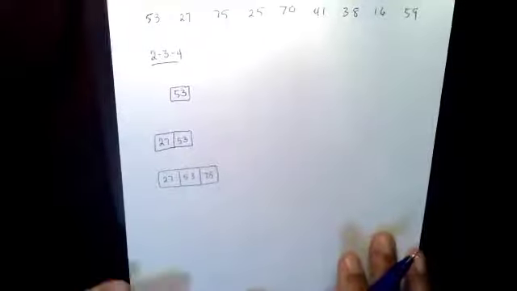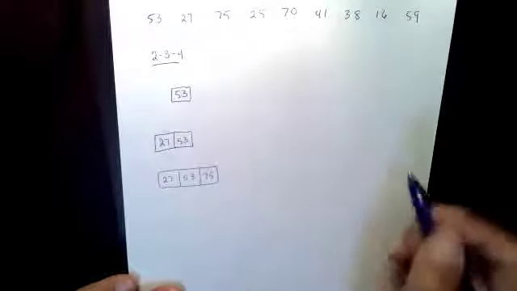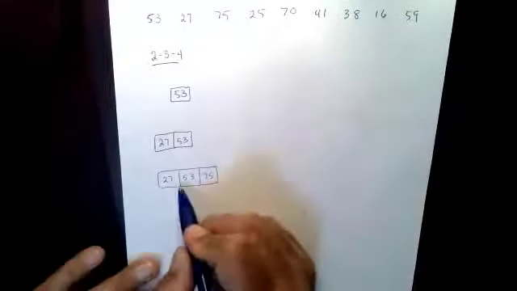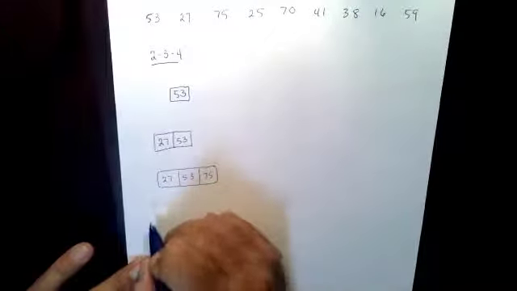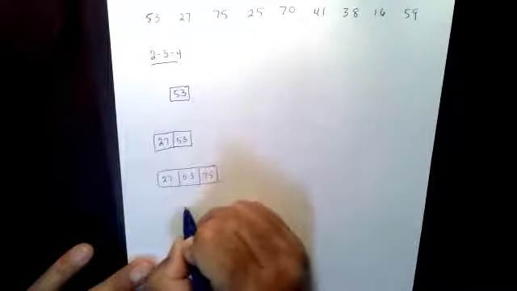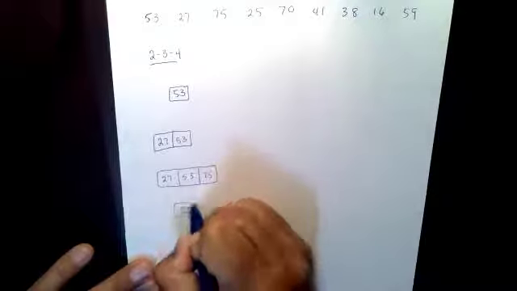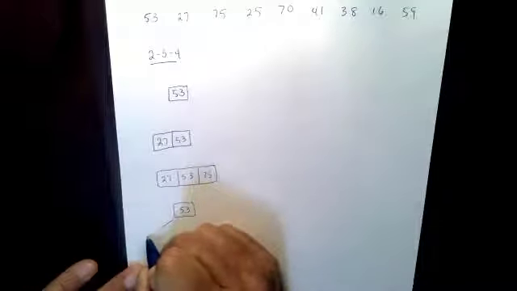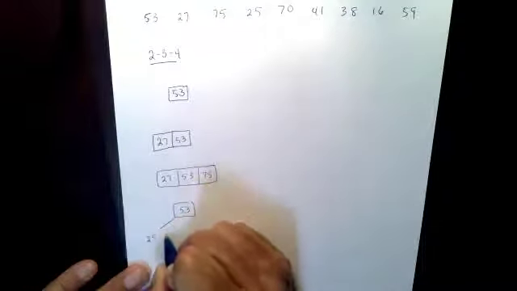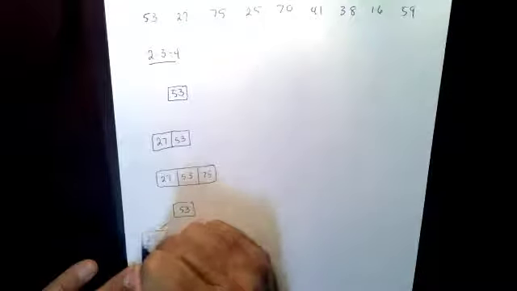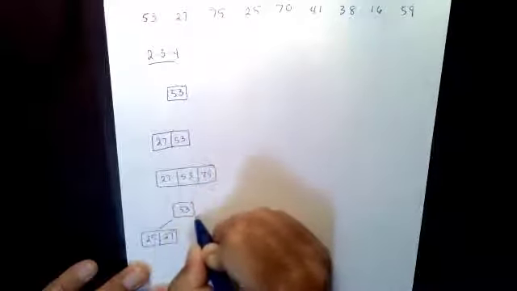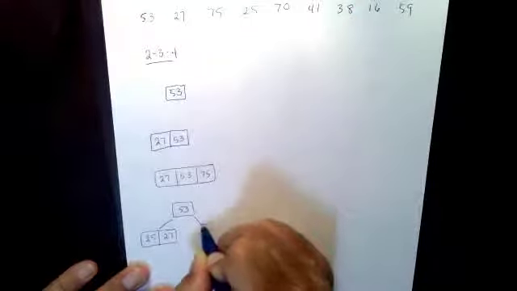My next number caused me to have to split. So if I'm going to put 25 in, it's going to go on this side. So up here is going to be the 53. Over here is a 25 and a 27. Over here is a 75.